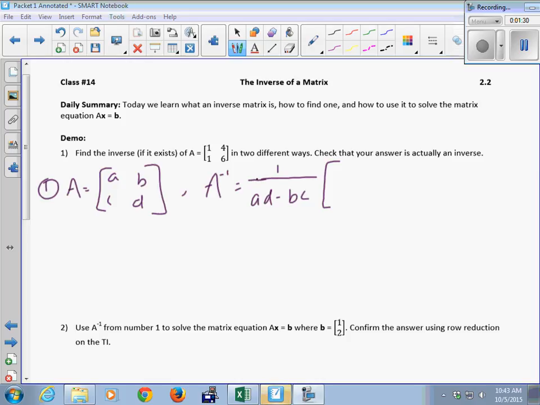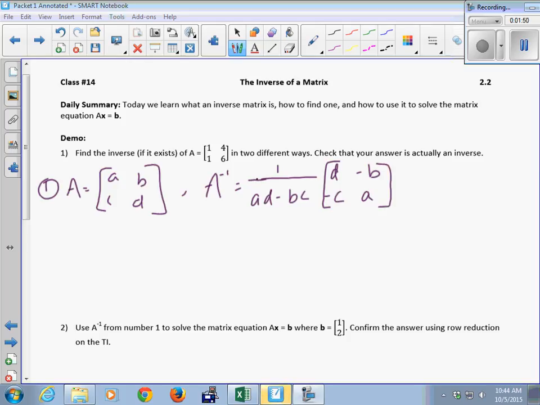How do I change it? Swap A and D. B and C stay in their locations, but you change the sign.